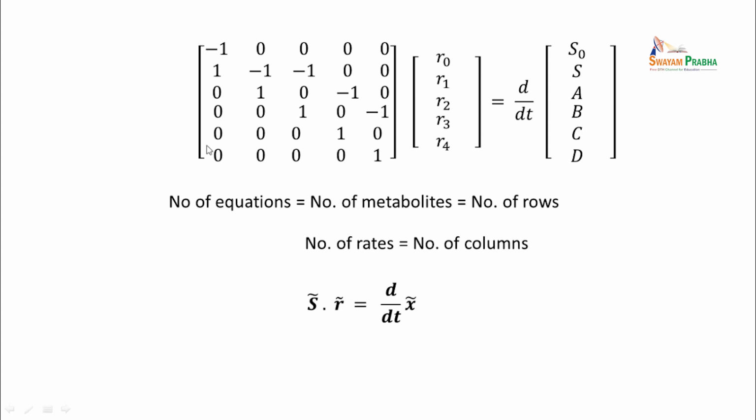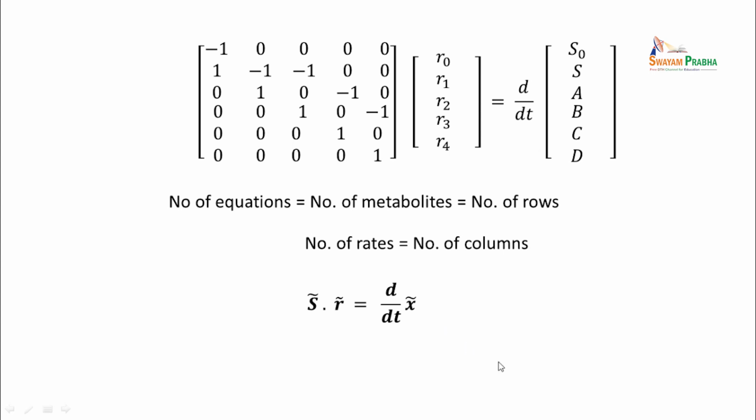So this is what is called a stoichiometric matrix, S with a hat above, multiplied with the rate vector or the rate matrix R, is d/dt of the state variable matrix, x hat, as it is called. Okay. So this is a compact representation of the entire set of equations, and this kind of representation becomes much easier even if you have hundreds or thousands of equations.